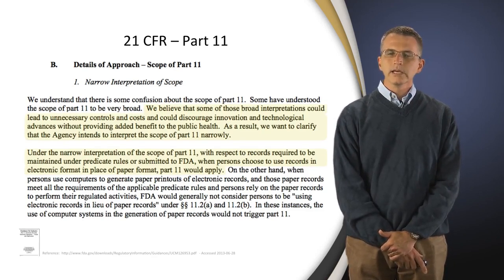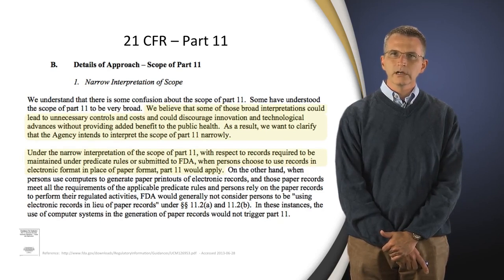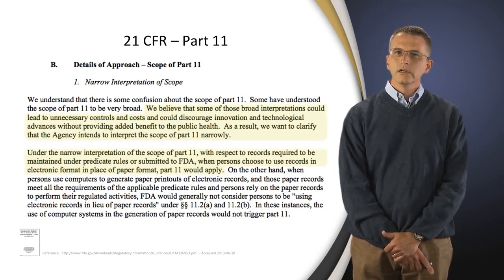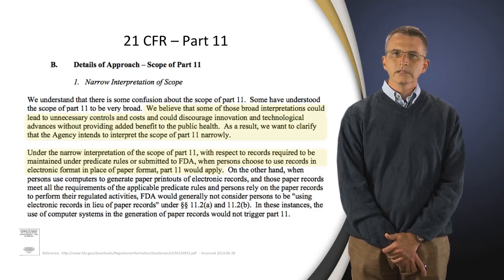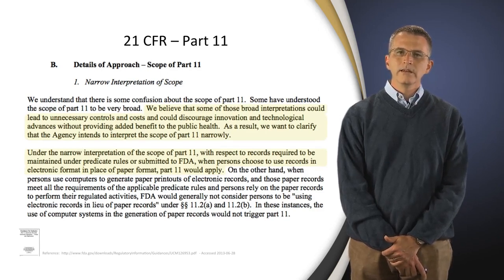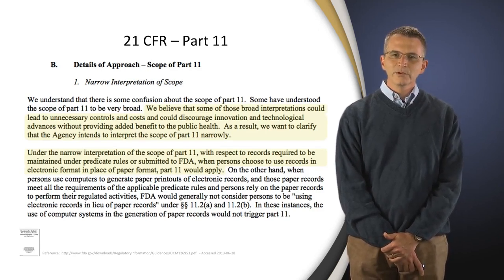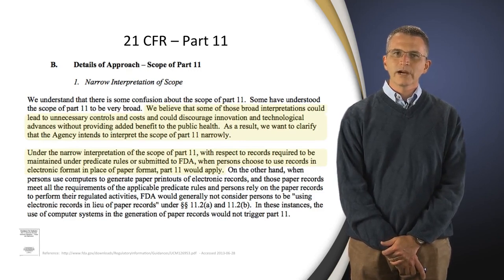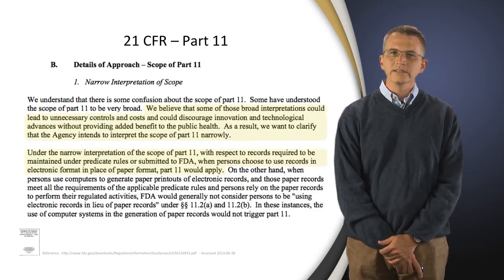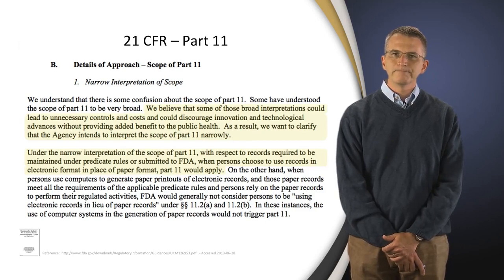It's also important ahead of time to know that there is significant cost, there is significant effort there. But they define it here as being invocable when the person or the investigators choose to use records in electronic format in place of paper format.